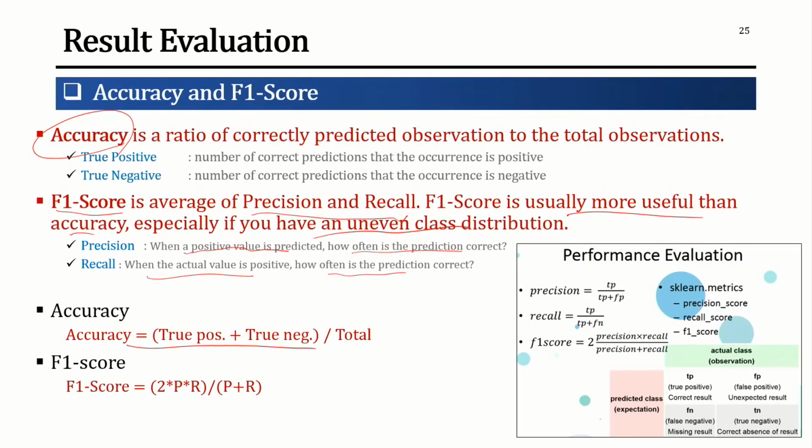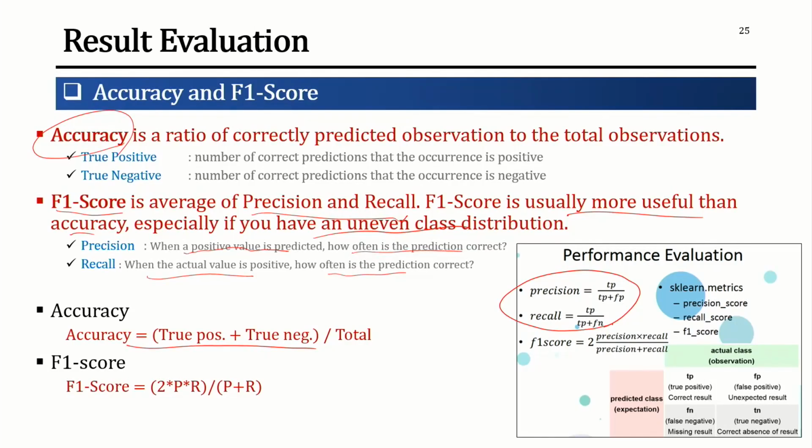For accuracy, we need the total correct predictions over total samples. And for precision and recall, we need to relate this to true positive, true negative, false positive, and false negative.